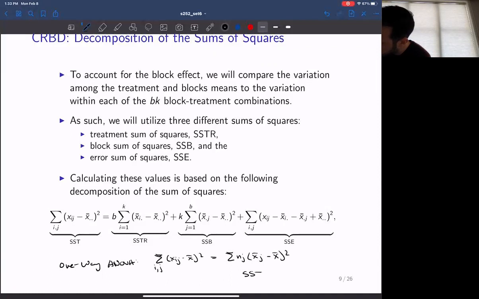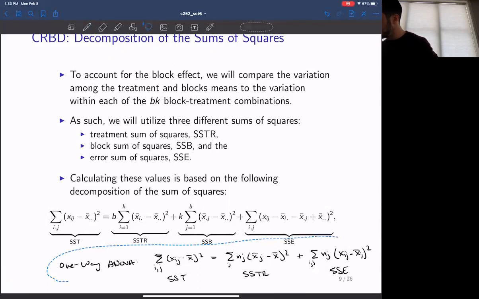This was SSTR. This is SST. And then all we did there was add the sum across all j of each nj multiplied by (xij minus x bar j) squared. And this was our SSE.